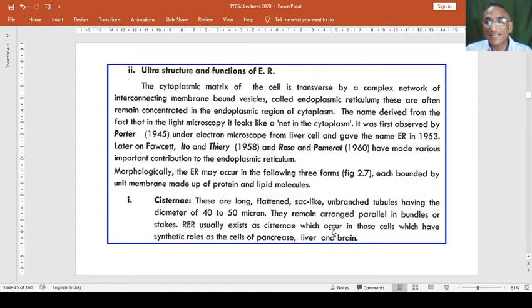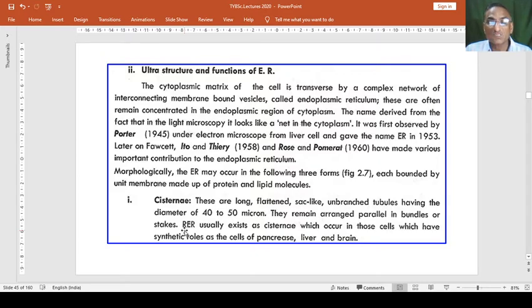They remain arranged parallel in bundles or stacks. If we keep coins one over another, it looks like the cisternae of the endoplasmic reticulum, stacked one over another.